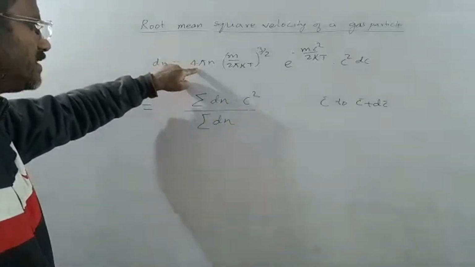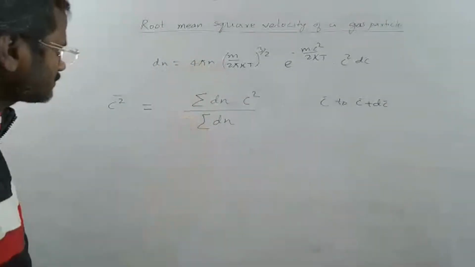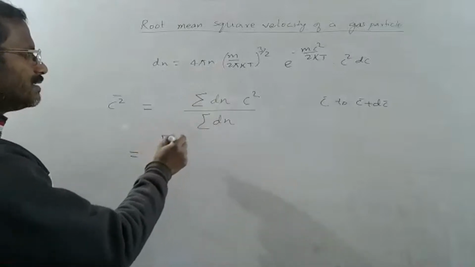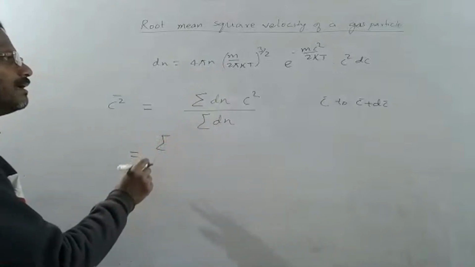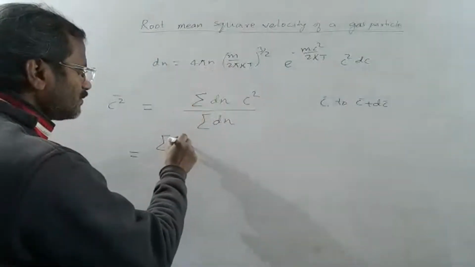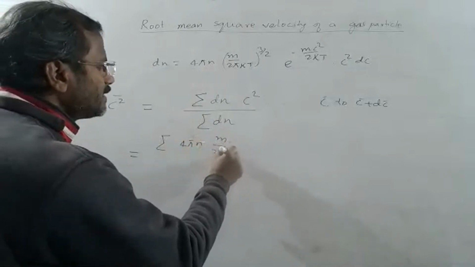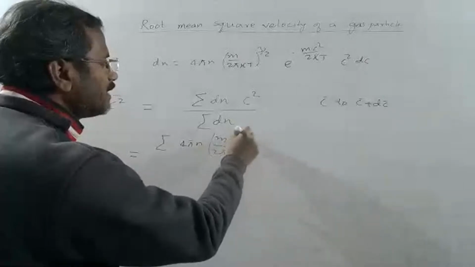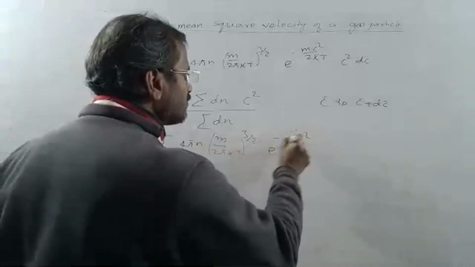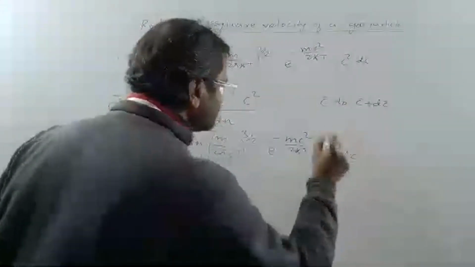Then we write the same value here. So we can write the summation of 4 pi n, m by 2 pi kT to the power 3 by 2, e to the power minus mc square by 2kT, into c square dc.